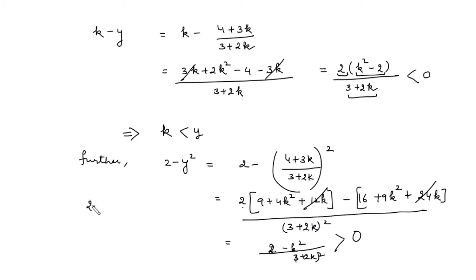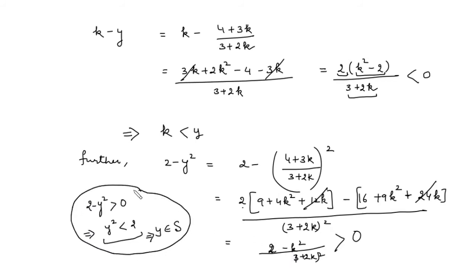So that means 2 minus y square is greater than 0, which means y square is less than 2. So that means your y is also a member of S. This point is clear.